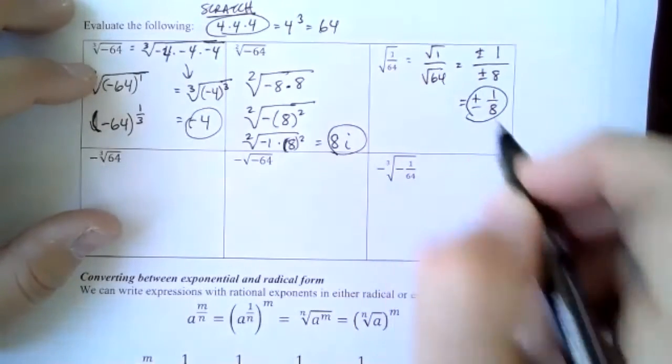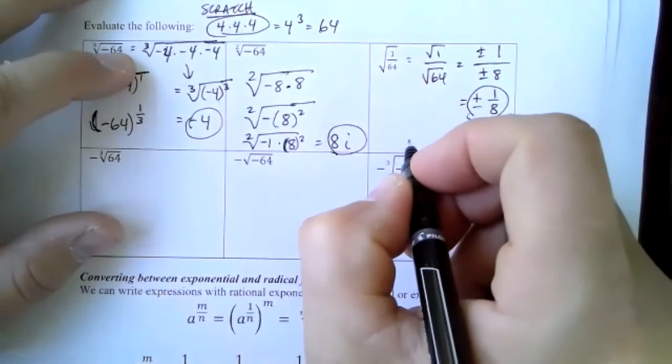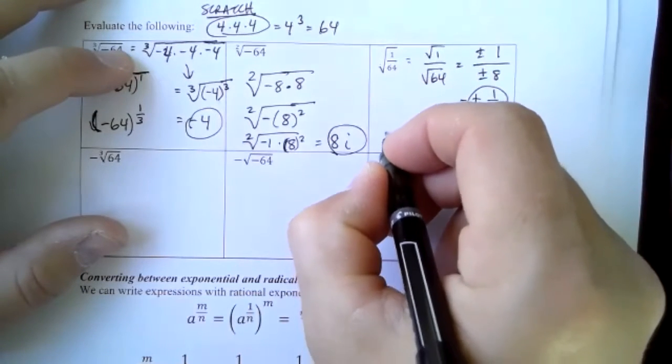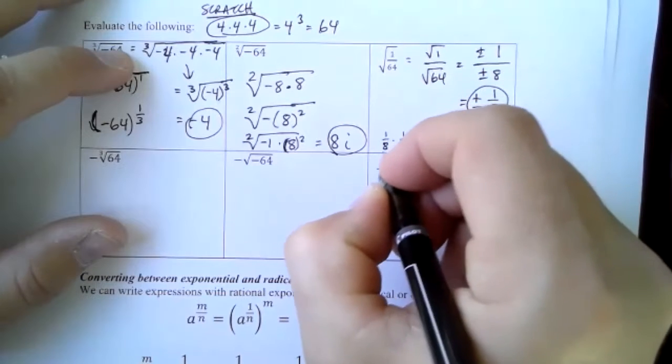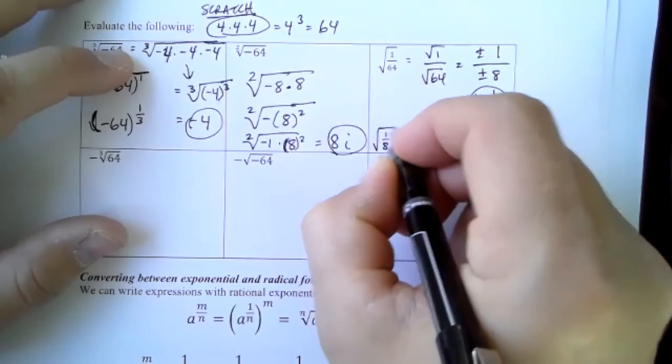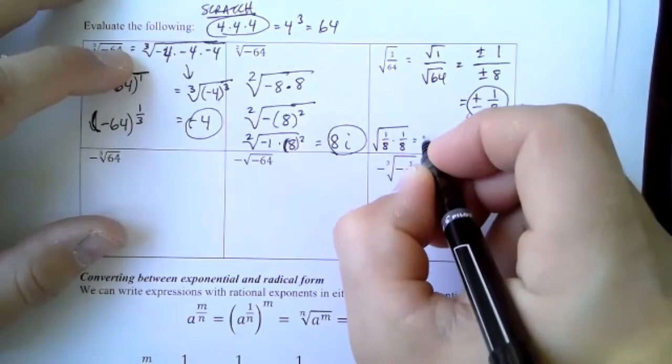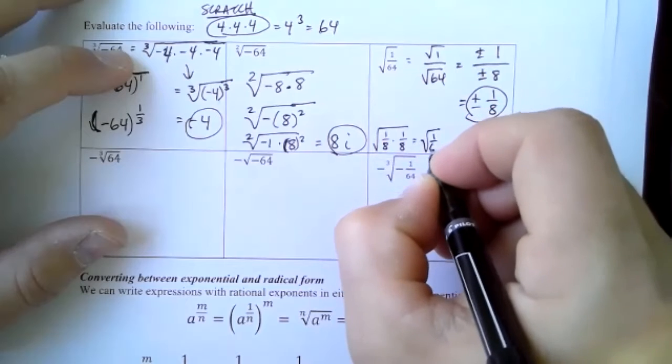Now to prove that to you, we could have 1 over 8 times 1 over 8. Those are both positive, and so that gives me the square root of 1 over 64.